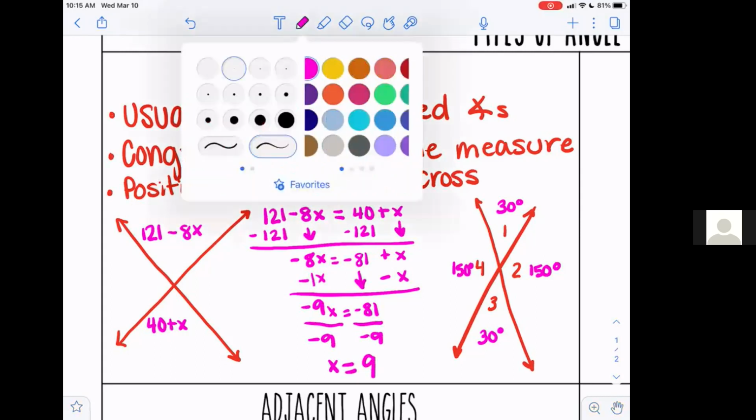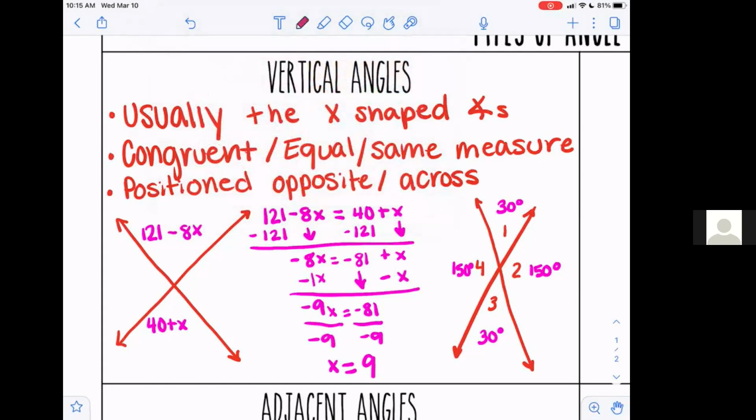Remember, we're not quite done here. We have to do one last thing, which is plug in that x value to find our 2 angle measures. So I'm going to say 121. Let me actually write it off to the side here so we can see it a little better. 121 minus 8 times 9. 8 times 9 means 121 minus 72. 121 minus 72, we'll use our calculator to help us out with that.